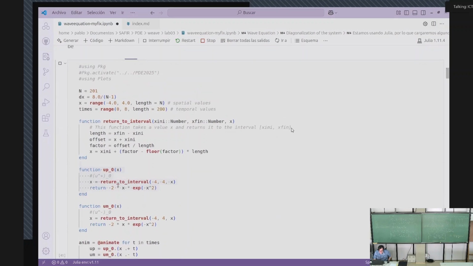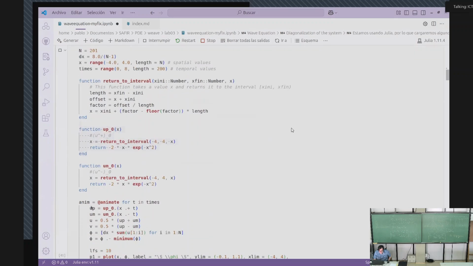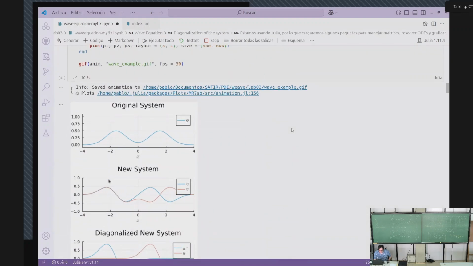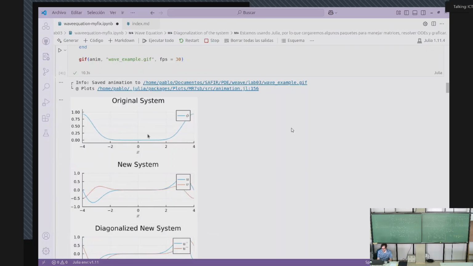Here we take this solution and we plot it. So in this case, this is phi. This is the real solution for some function phi that we have defined, right? And as I said, it splits in two.